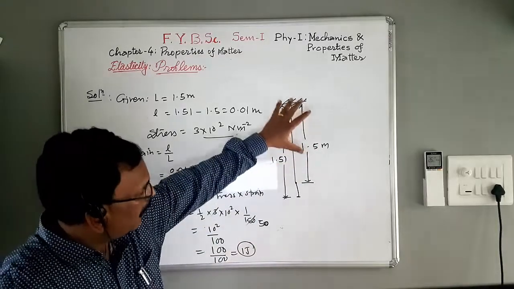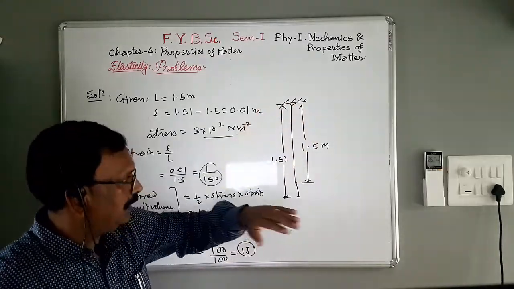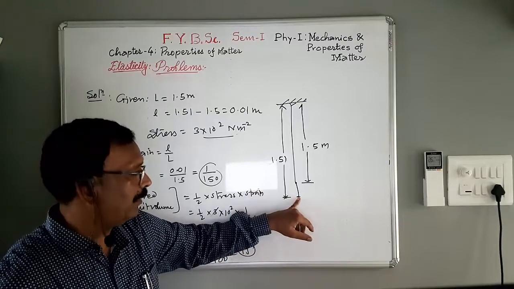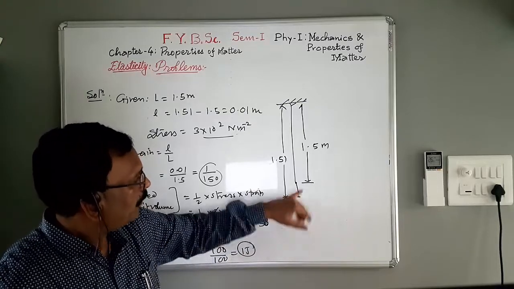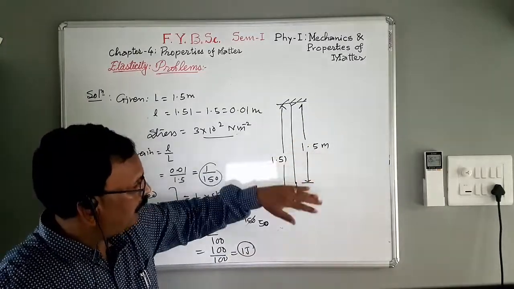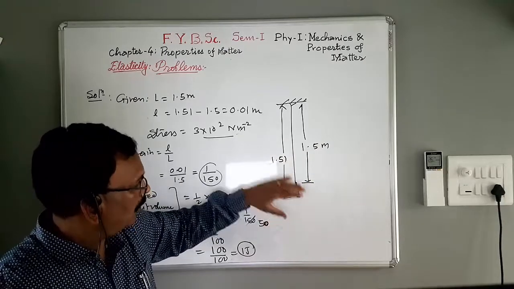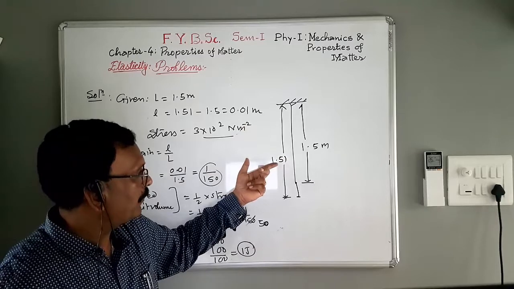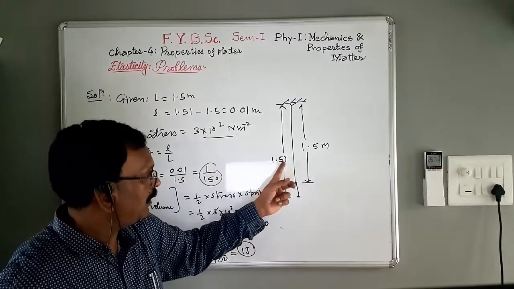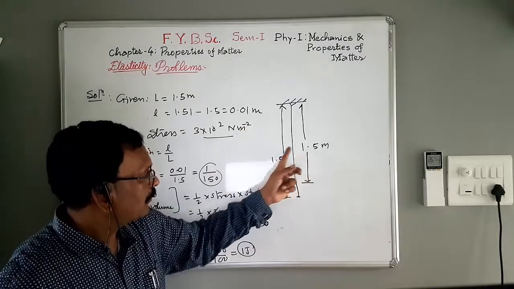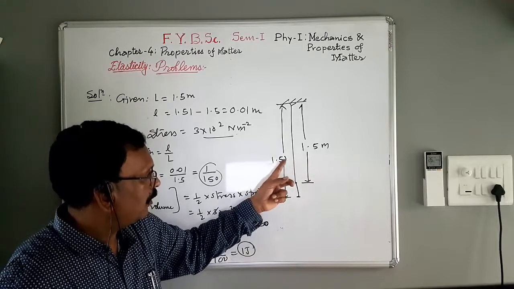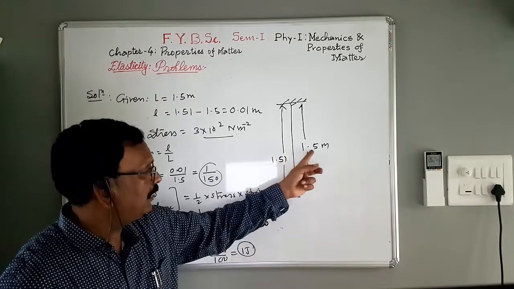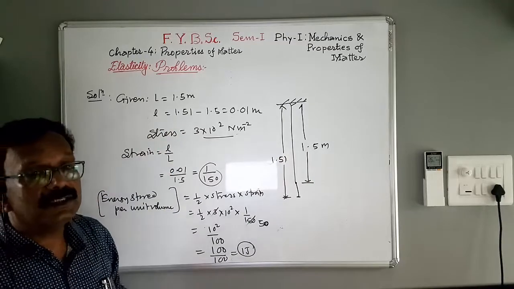Again I am going to repeat the problem. We have a wire, one end of which is fixed to a rigid support, and a certain load is applied to its free end. The original length of the wire is 1.5 meter, and when we apply the load, extension takes place and we get the final length. Final length minus initial length gives the change in length.